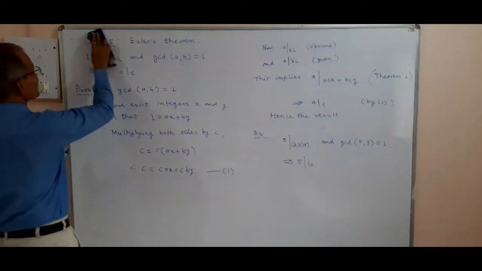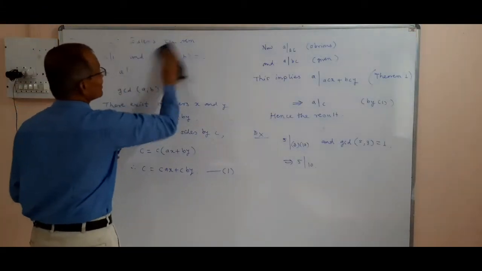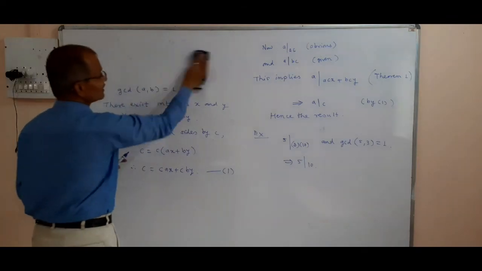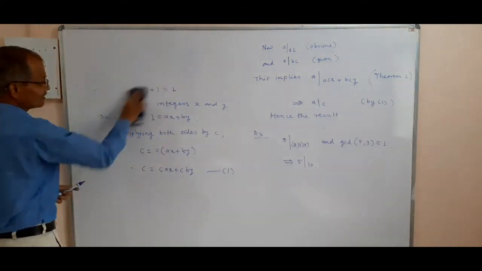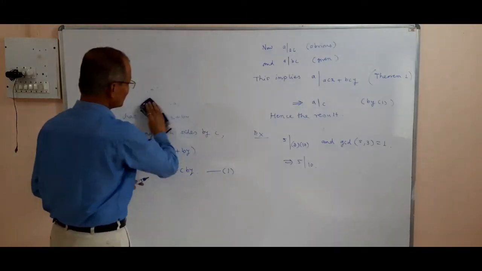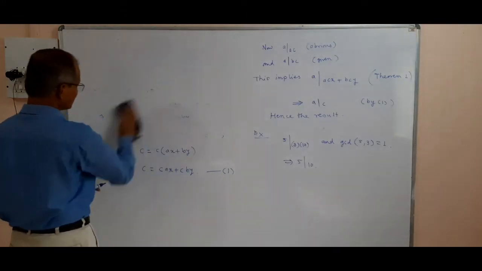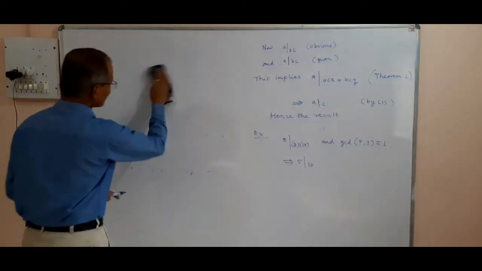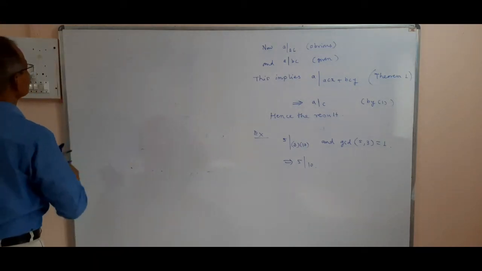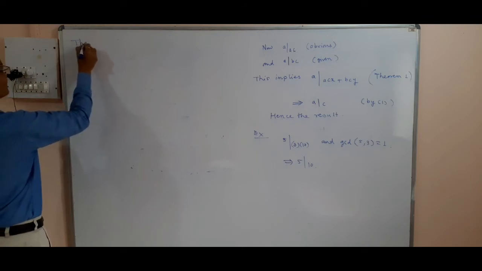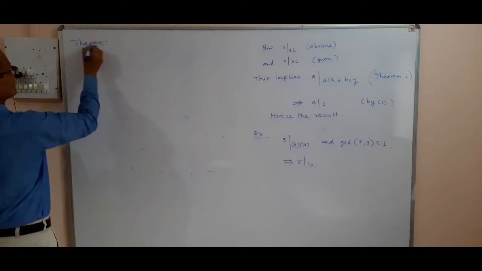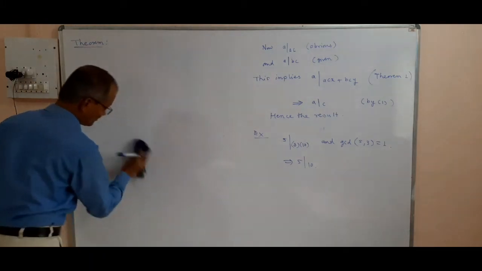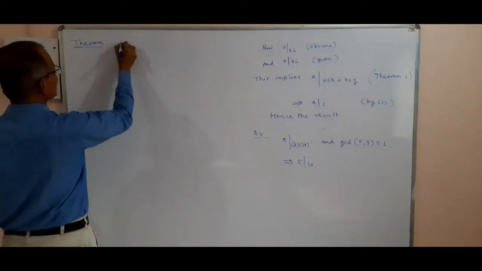So this proves the Euclid's theorem. You should verify each theorem by considering examples satisfying the conditions. Now one more theorem we shall consider is about the greatest common divisor. So we write that as the next theorem. Let A and B be integers, not both 0.